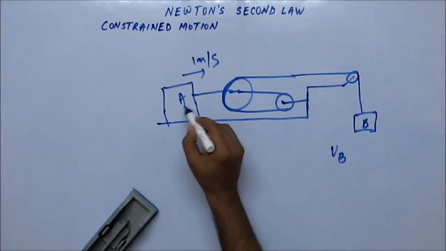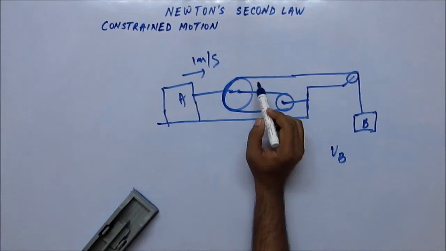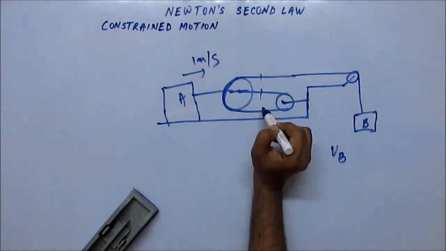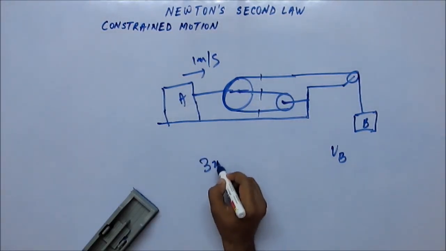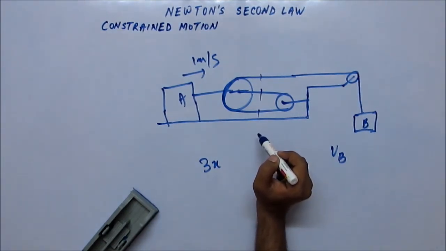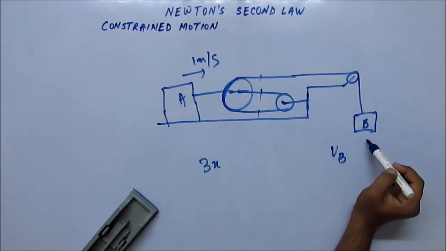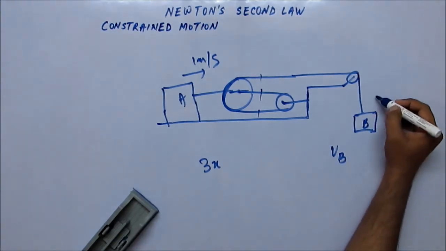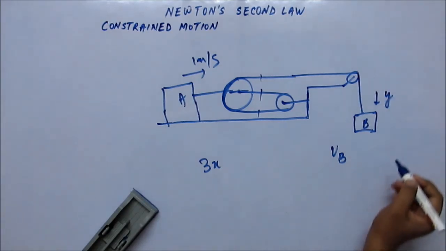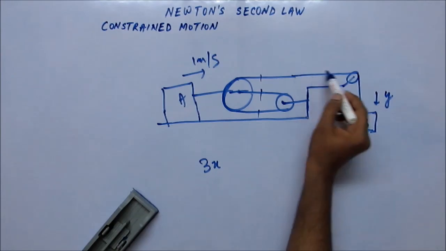So let's see, if this block A is moves x distance ahead, let's see the amount of string that will be loosed. x from here, x from here, and x from here. 3x of the string will be loosed. Right? And if this has to go y distance down, then how much of the string is required? Only y length of the string is required.